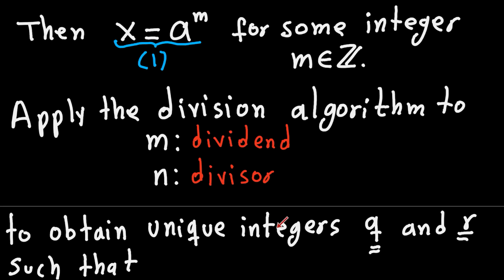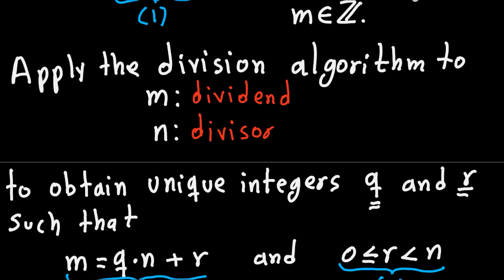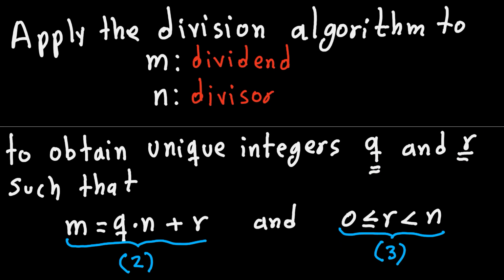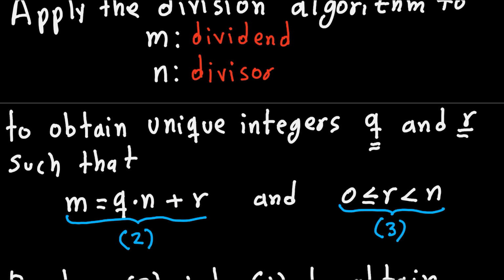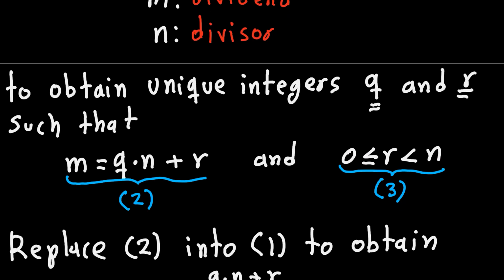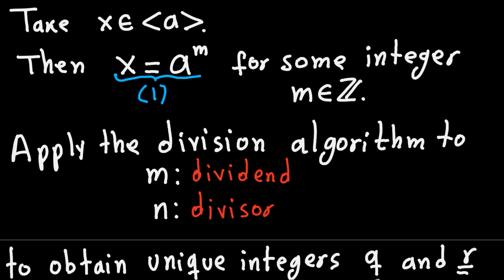If we apply the division algorithm, we obtain unique integers q and r, where q is the quotient and r is the remainder, so that m, the dividend, is equal to q times the divisor plus the remainder. I'm going to call that number 2. And r, the remainder, is always bigger than or equal to 0 and less than n, that is the divisor.